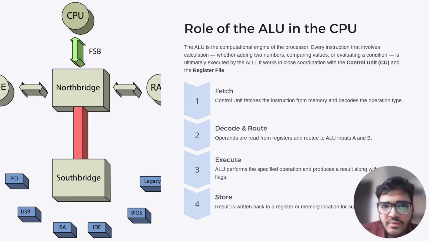The ALU performs the required operation and produces a result. Finally, the result is stored back in a register or memory. This process happens extremely fast, allowing modern processors to execute millions of operations per second. First fetch, then decode and route, execute, and store.